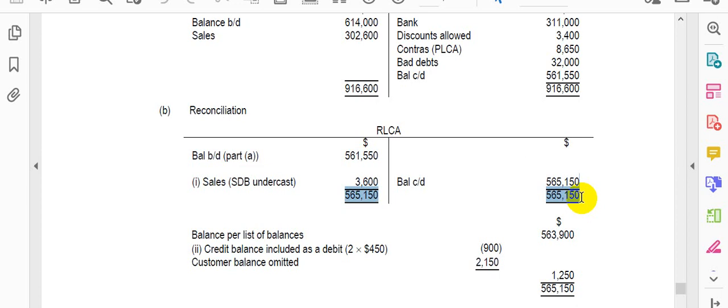So that brings us to the end of this session on control accounts. Again, like we noted in the introductory, this is a very important area for the exams.